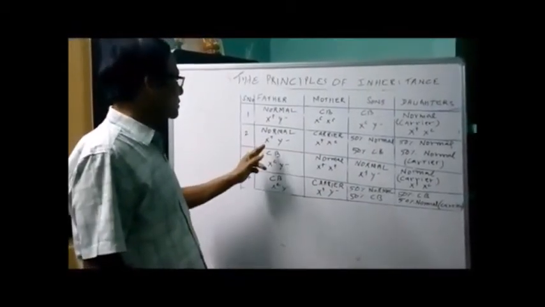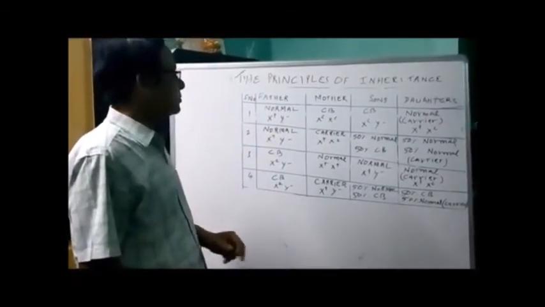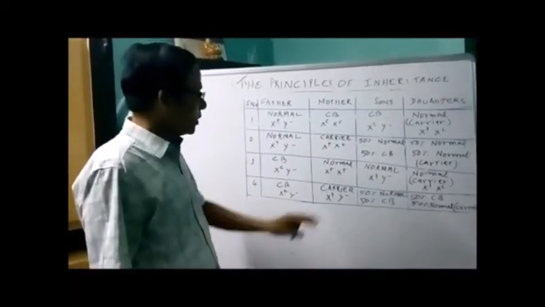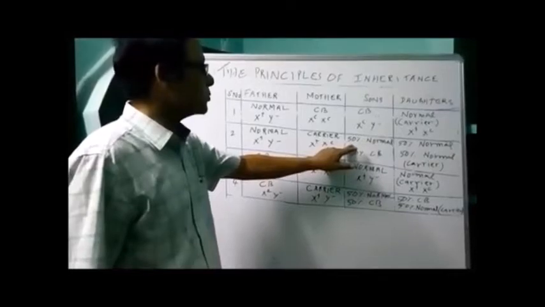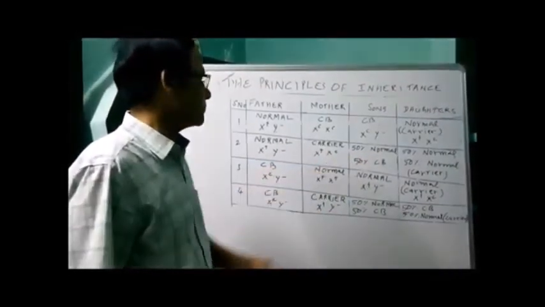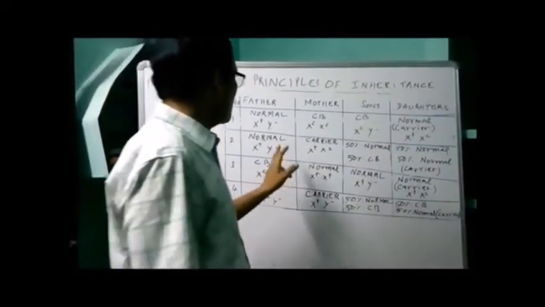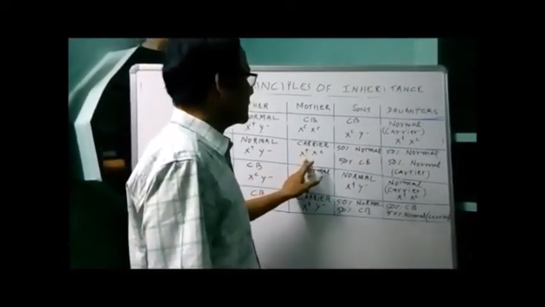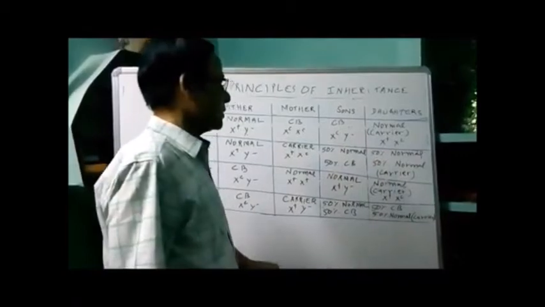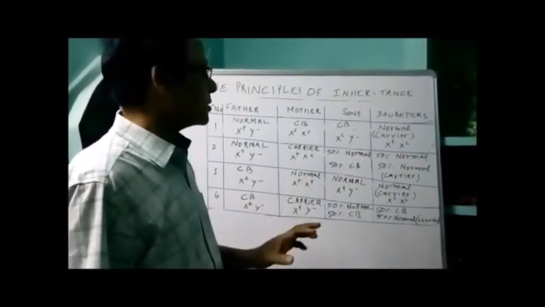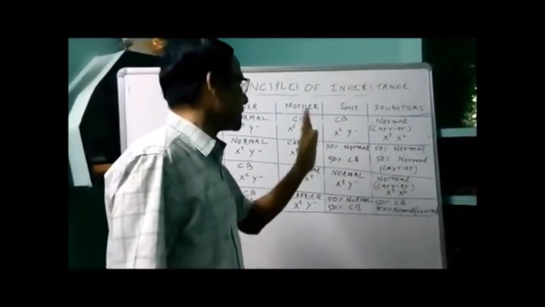In the second marriage, the father is normal but the mother is a carrier. Once the mother is a carrier, definitely 50% of the sons will be normal and 50% colorblind. And once the father is normal and the mother is a carrier, there is no chance of colorblindness in the females: 50% of the daughters are normal, 50% normal but carriers.